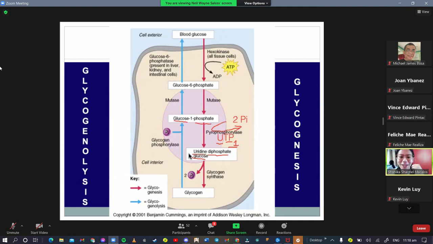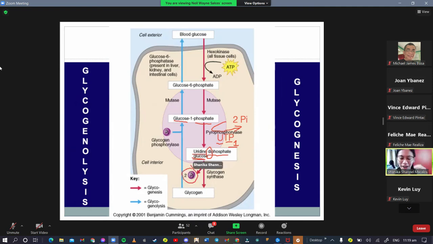After becoming uridine diphosphate glucose, there will be a glycogen synthase. From the word synthase, I think it's the synthesis of glycogen. It helps the glucose form bonds in becoming glycogen. The glycogen synthase releases this diphosphate, and what is left now is the glucose.